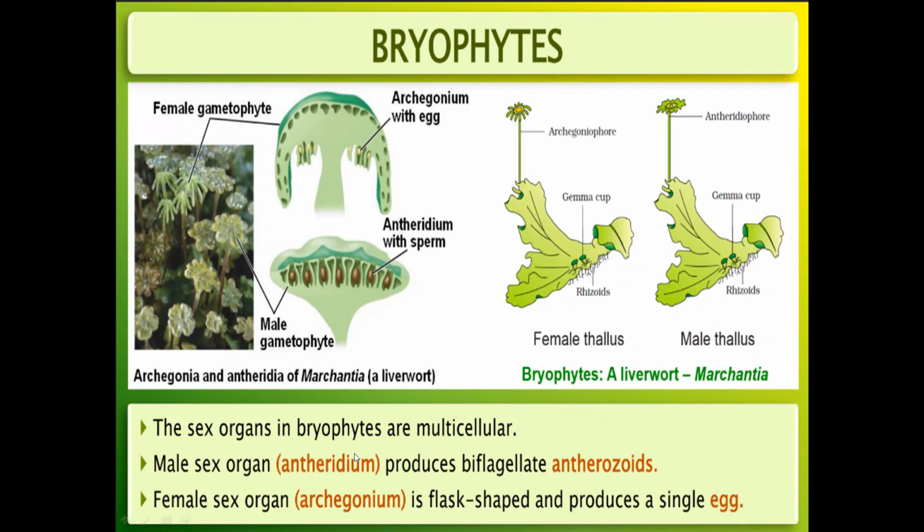Okay. The sex organs in bryophytes are multicellular. Male sex organ is called antheridium and produces biflagellate antherozoids. Female sex organ is called archegonium and produces eggs. Antheridium with sperm, archegonium with egg. The sperm is called antherozoids.